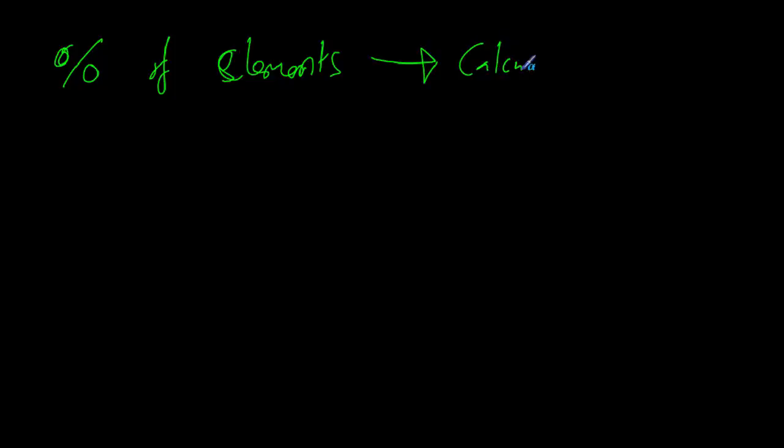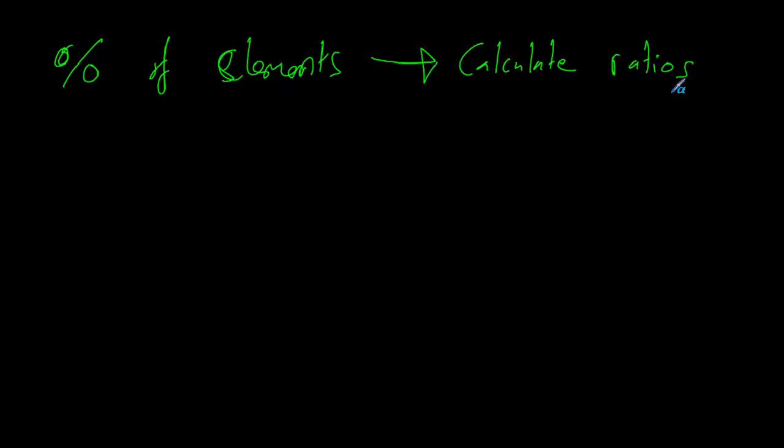And so if we can calculate percentages of the elements, from that we can calculate the ratio of those elements. We can calculate the ratios. Now the ratios are going to give us the empirical formula. They're not going to give us the molecular formula, but they will give us the empirical formula. And sometimes that is very helpful.